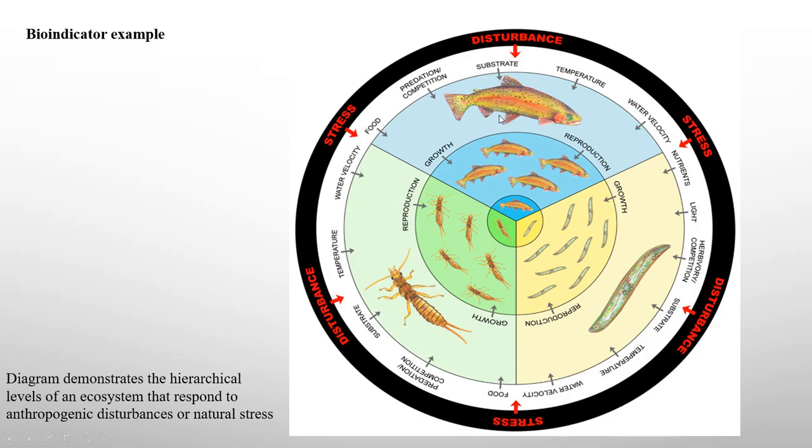In other words, when one species falls under this environmental stress, their community structure gets changed, and the change in the number of individuals in a particular population indicates a particular change in the environment. In this way, by studying their community structure or their population structure, the quality of this environment can be assessed.